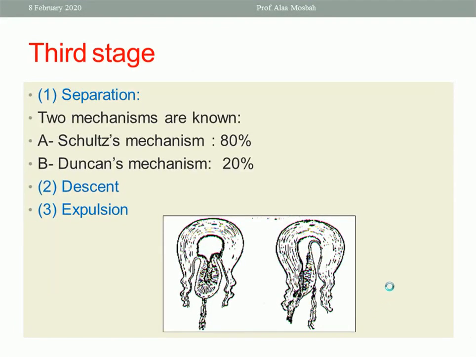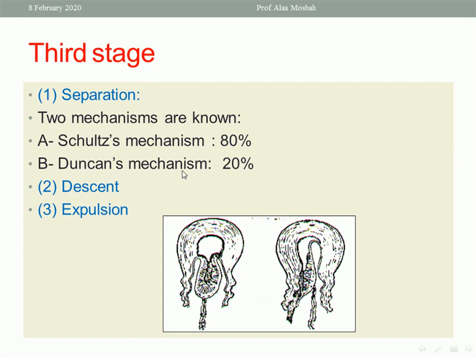What about the third stage of labor? The third stage of labor includes separation, descent and expulsion of the placenta. Separation of the placenta occurs by two mechanisms, Schultz and Duncan. Schultz is more common, 80%; separation occurs at the center, and the placenta is delivered like an inverted umbrella.